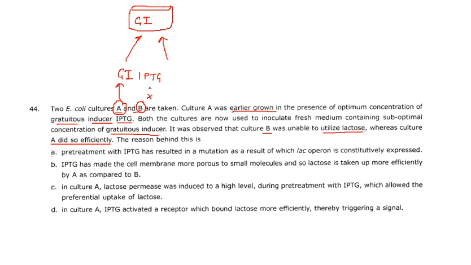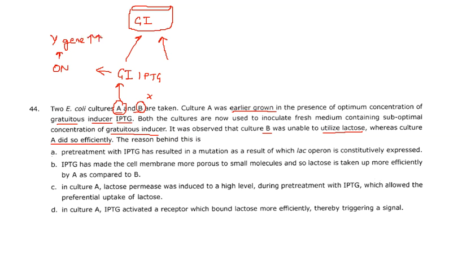in that case there will be the induction of lac permease. A minimum level of lac operon will be on. When the gratuitous IPTG is there, the operon is on, and when the operon is on, Z, Y, A will be synthesized. There will be a suboptimal concentration, and the Y gene will be active. This Y gene, which is lac permease, was induced to a high level during pre-treatment.